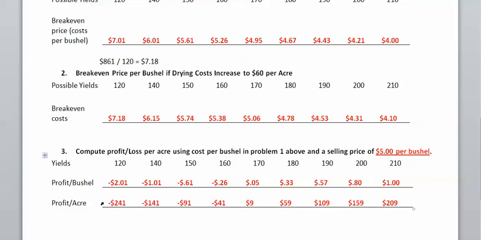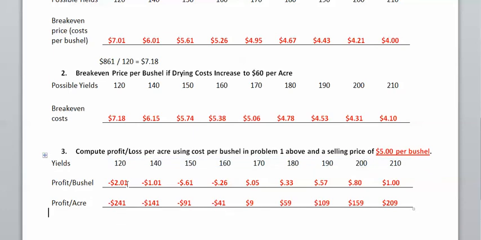Now, how do we get our profit or loss per acre? Well, we know what our profit or loss is per bushel here. We just found that out. So to figure out our profit or loss per acre, all you do is take your profit or loss per bushel times number of bushels.